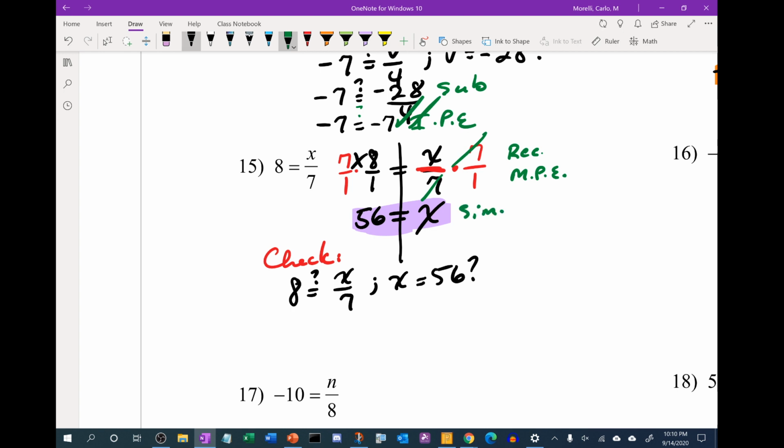Here I'm going to substitute. I've got 8 equals 56 over 7. Okay, question mark, but this is substitution. Well, 56 divided by 7 is 8. So the question is, does 8 equal 8? Yes, it does. How do I know that? By the identity property of equality.